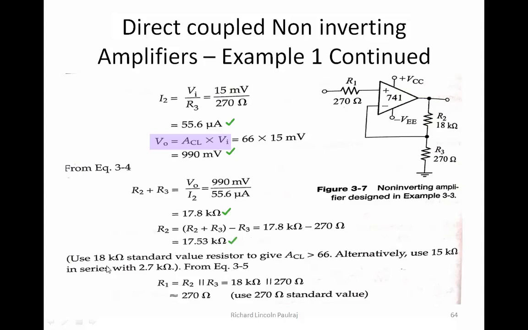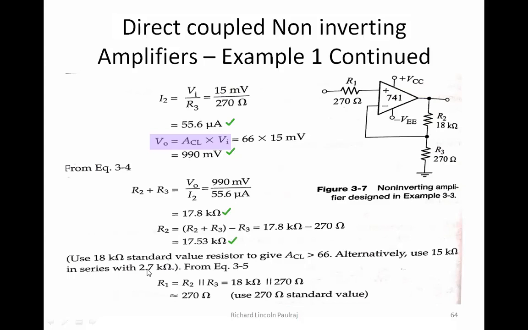So here again, 17.53, I don't get this resistor. So I will use a standard 18 kilo ohms. Now, since this is changed, slightly there is going to be a change in the levels of currents and voltages. An 18 kilo ohm standard value resistor gives ACL greater than 66. Alternatively, use 15 kilo ohms in series with 2.7.